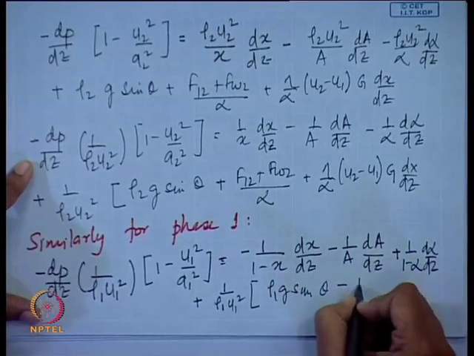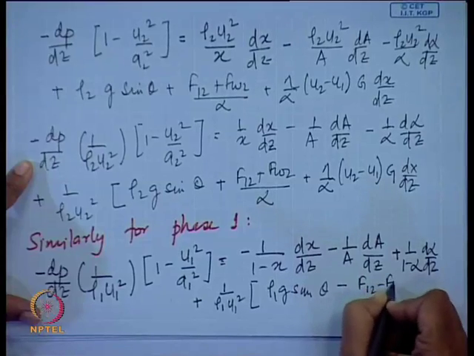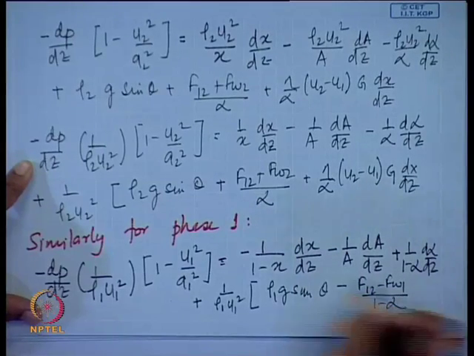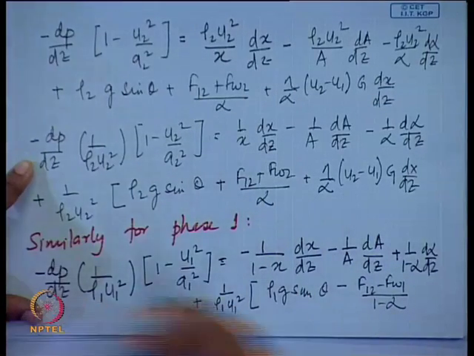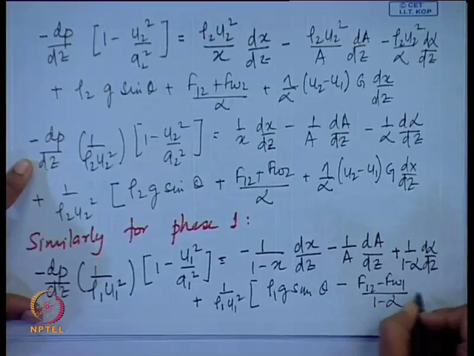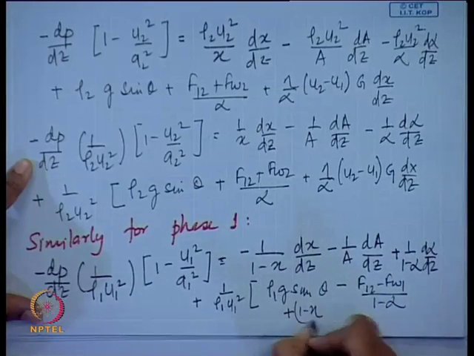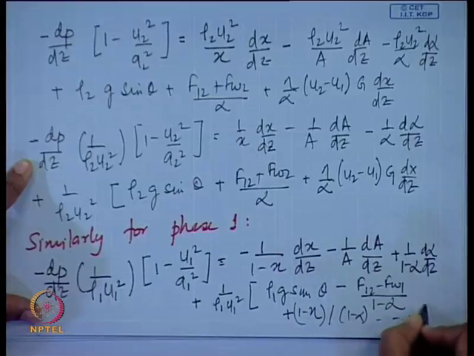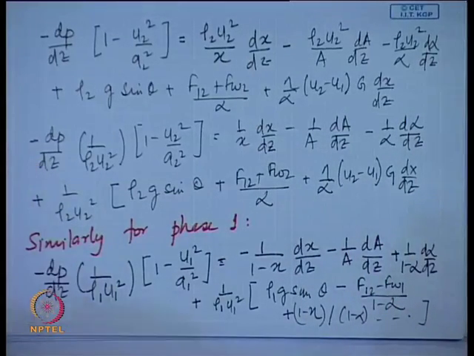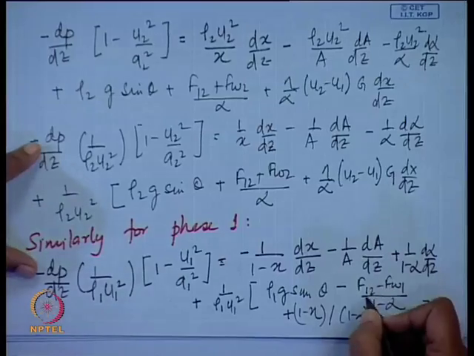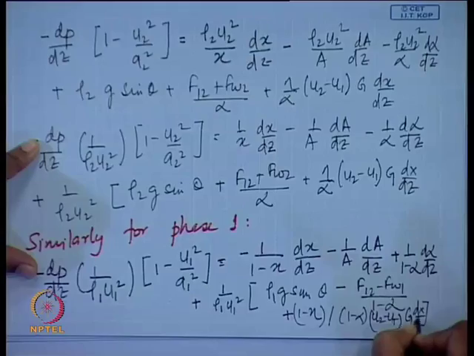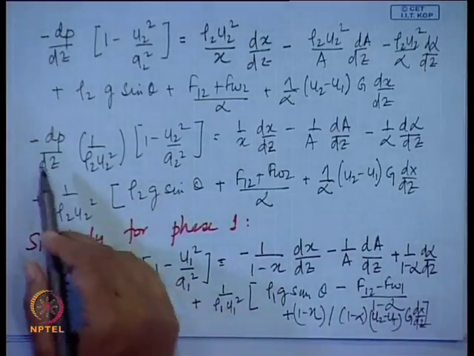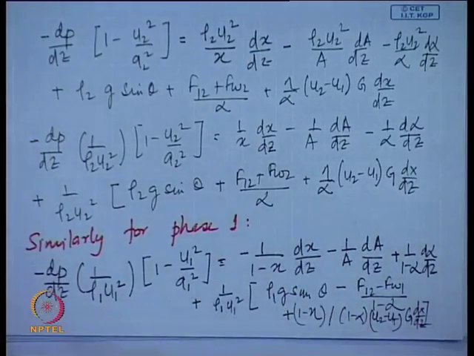Then this will be minus, remember, f12 minus fw1 by 1 minus alpha phi, because f12 was positive for phase 2 and negative for phase 1. If you remember the direction of position as we had taken, plus that 1 minus eta by 1 minus alpha, that particular term g dx, u2 minus u1 and this term, fine. I will write it down, u2 minus u1 g dx dz, agreed. So for phase 2 we have got one particular equation, this is the equation for phase 2.